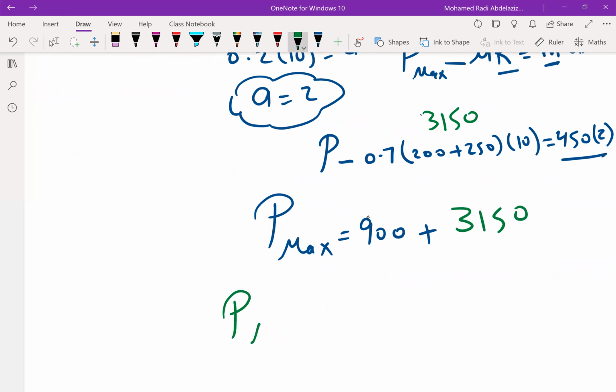Then add: the maximum value of P is 900 plus 3150. So the answer is 4050 Newton.